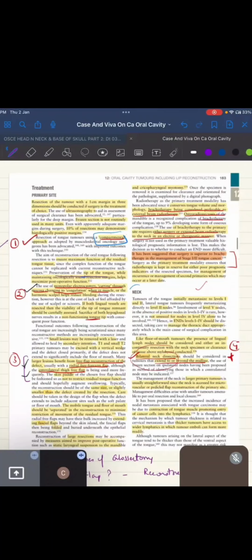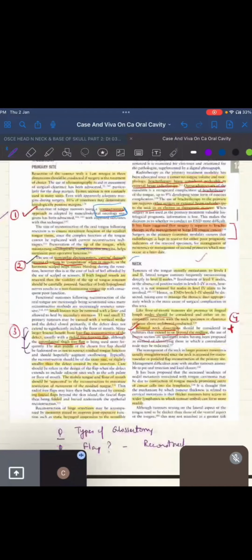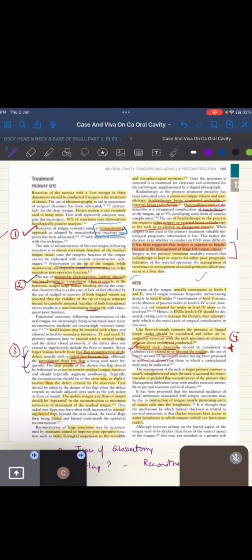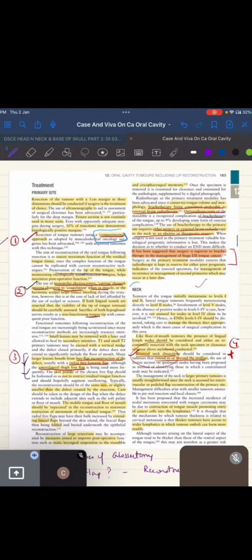So what is compartmental resection? Basically, resection of tumors using a compartmental approach has nothing specific to do with CA tongue per se. This is a general oncological principle.